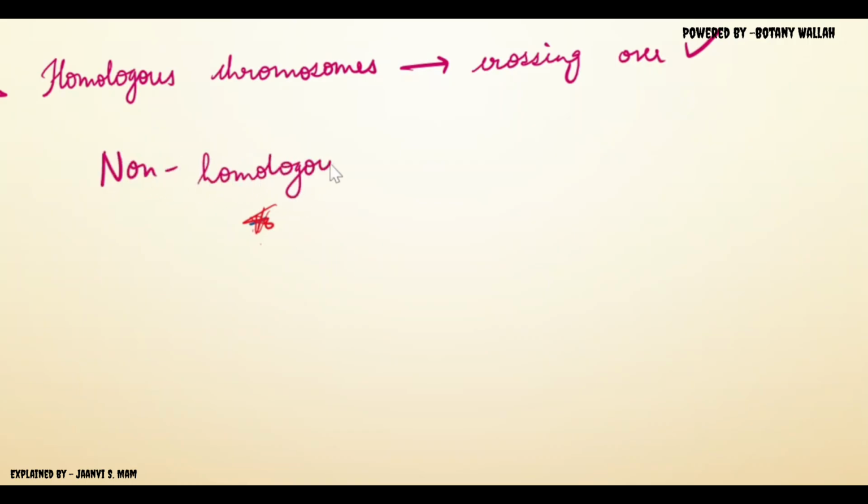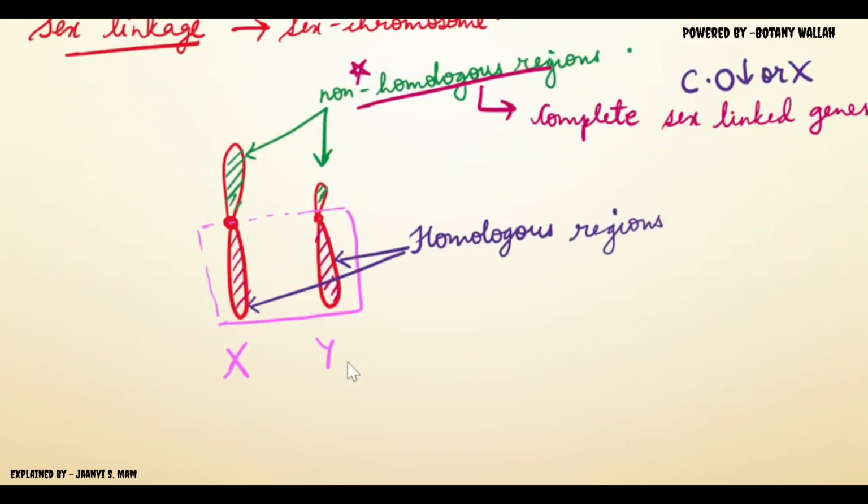So if we talk about the X and Y chromosomes, here we are seeing two different regions. One is the non-homologous region and the other is the homologous region. The homologous region will take part in crossing over. As I told you, on the non-homologous region there are complete sex linked genes present.